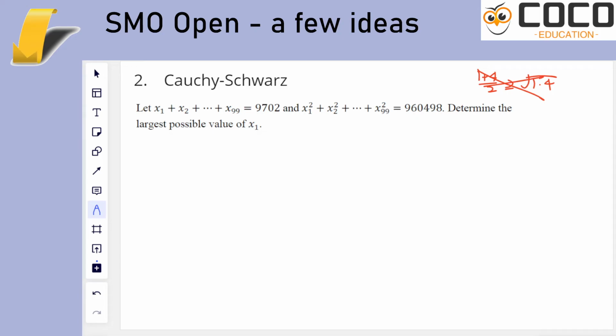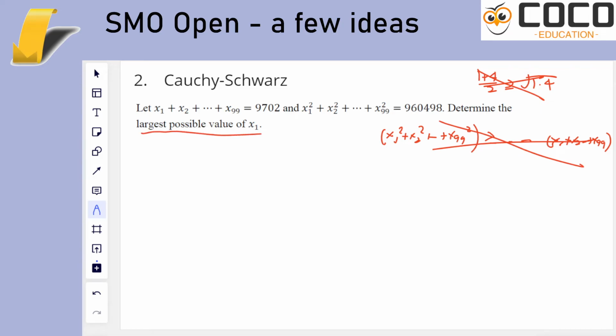So don't use Cauchy-Schwarz and say that, oh, x1 squared plus x2 squared plus x99 squared, and then compare it to something to do with x1 plus x2 to x99. I don't even want to write this properly because that doesn't tell me anything. 960498 versus 9702. I'm not interested in this either. Because the question is asking you for the largest possible value of x1.